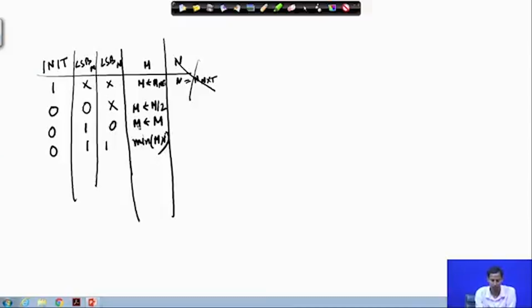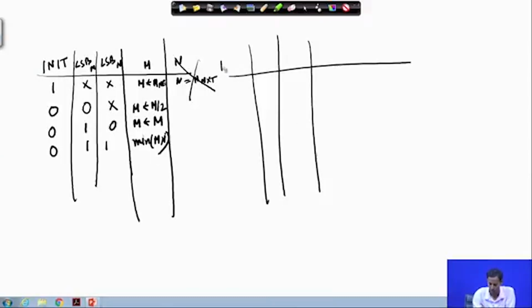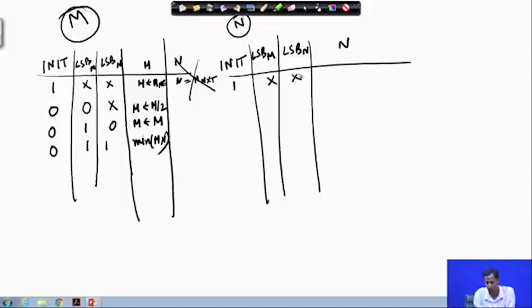The same table I draw for n; the previous one was for m. Now I am drawing for n. This is the LSB of m, this is the LSB of n, and this is n. So, for 1 it is n equals n next.